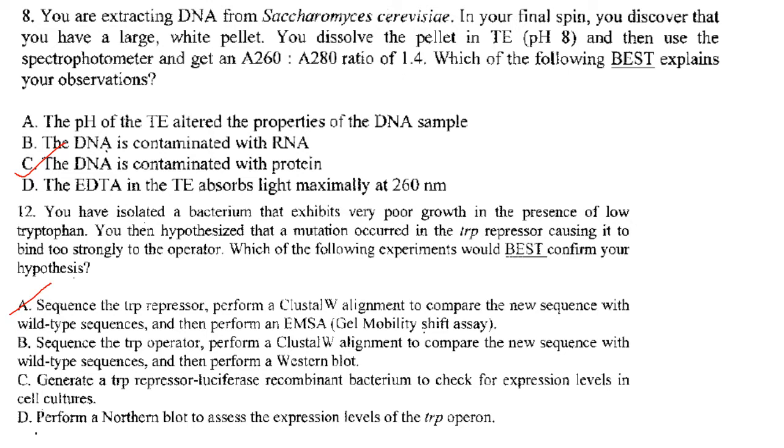If the protein is mutated, it will not bind to the DNA. Otherwise, it will bind. So from these experiments, you can confirm your hypothesis that a mutation occurred in the TRP repressor, causing it to bind too strongly to the operator. So the answer is option A.